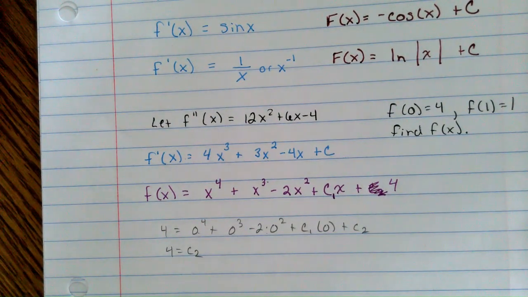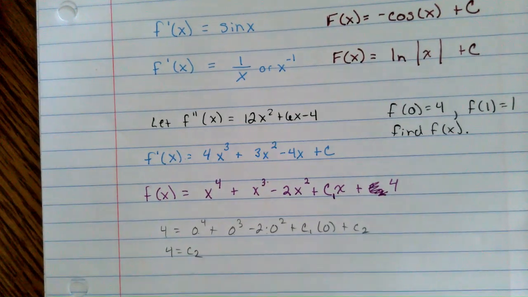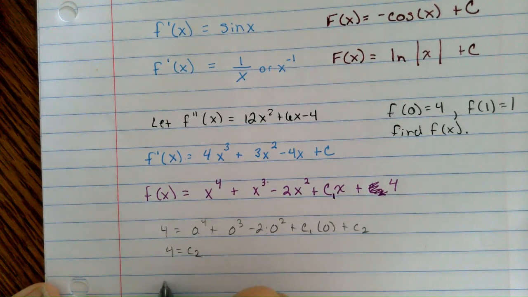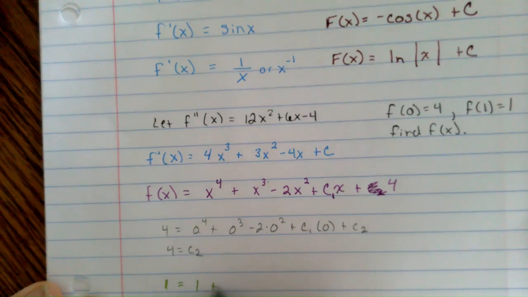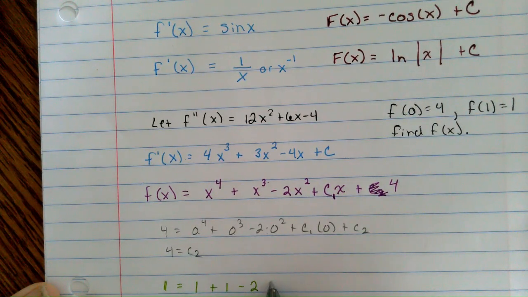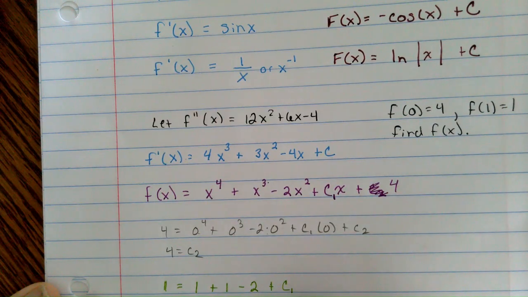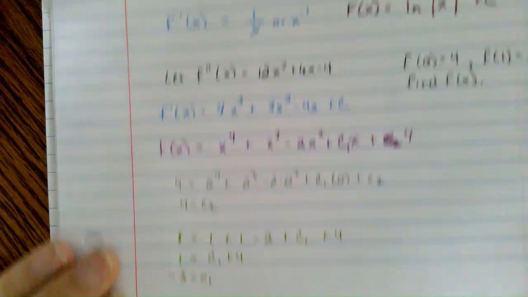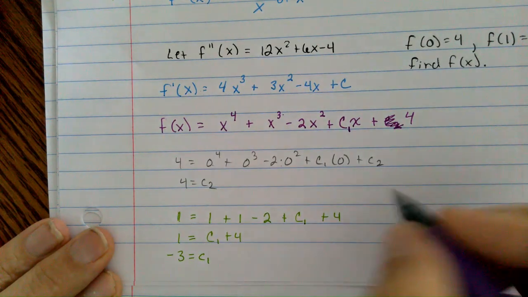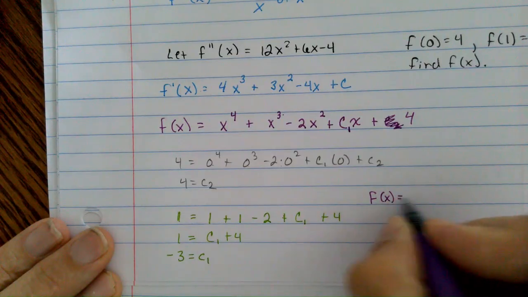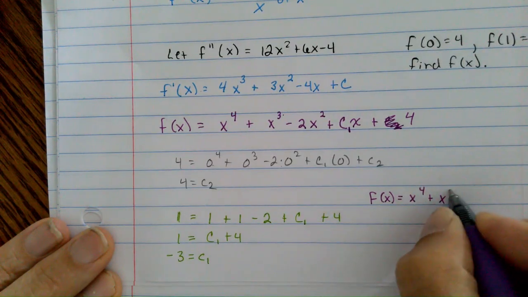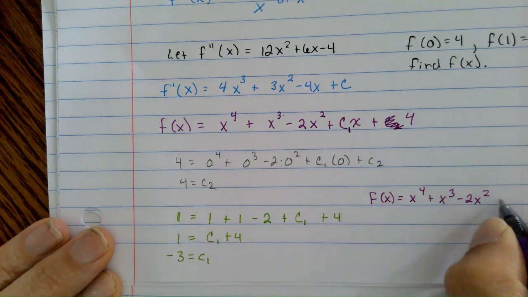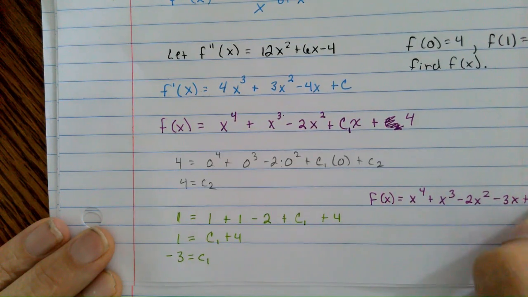Now that I have that, now I can solve for constant 1. 1 equals 1 to the fourth plus 1 to the third minus 2 times 1 plus the constant times 1 plus 4. So 1 equals the constant plus 4, so negative 3 equals that constant. Okay, so we have our equation. F of x equals x to the fourth plus x cubed minus 2x squared minus 3x plus 4.